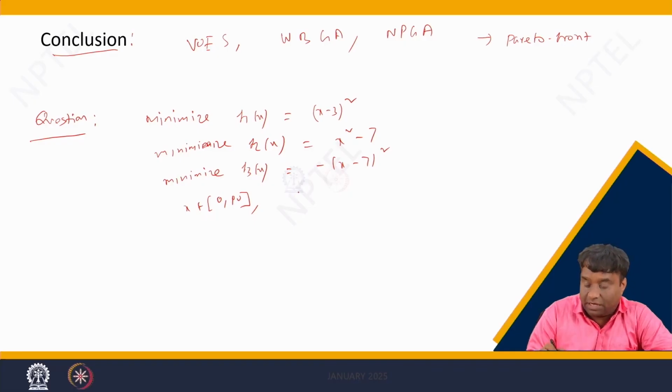You can take w1 equal to 0.4, w2 equal to 0.3, w3 equal to 0.3.